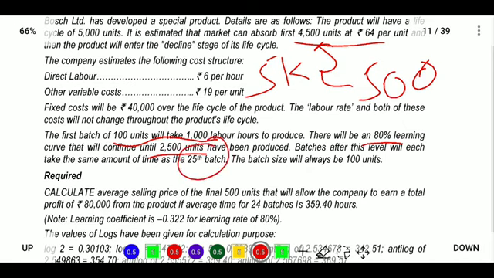The batch size will always be 100 units, so 5000 divided by 100, there are 50 batches. For the 50 batches, up to the 25th batch there will be the learning effect, and from the 25th to the 50th the batch time is the same. What does this 80% learning curve mean?